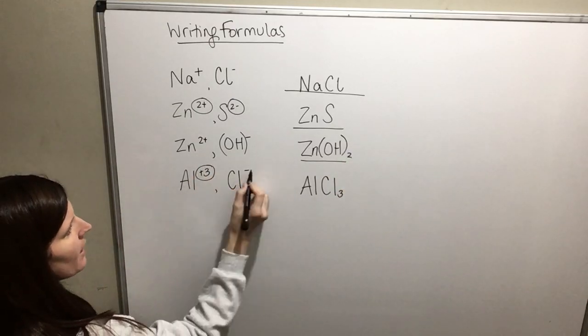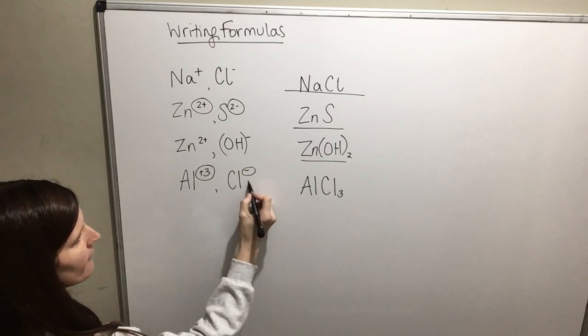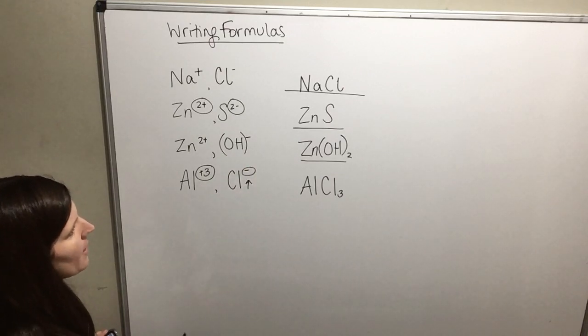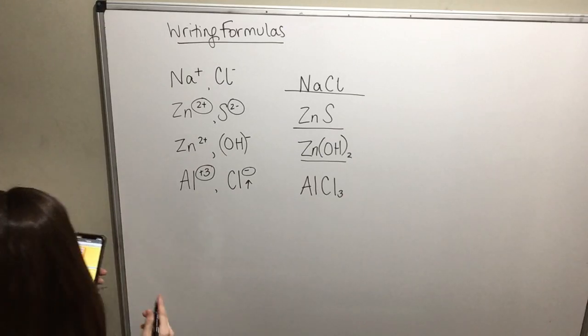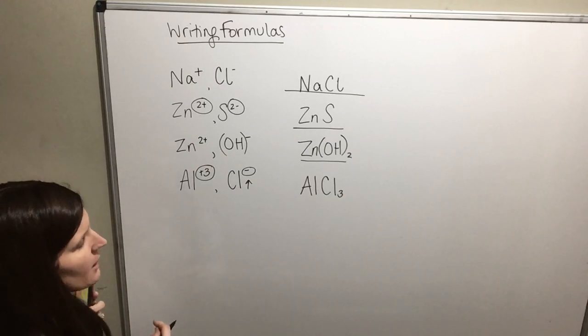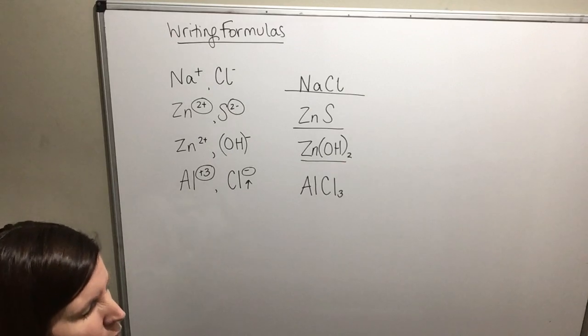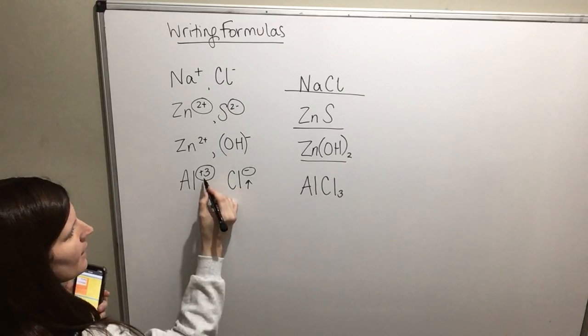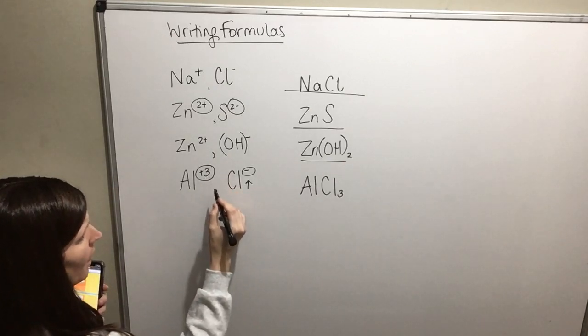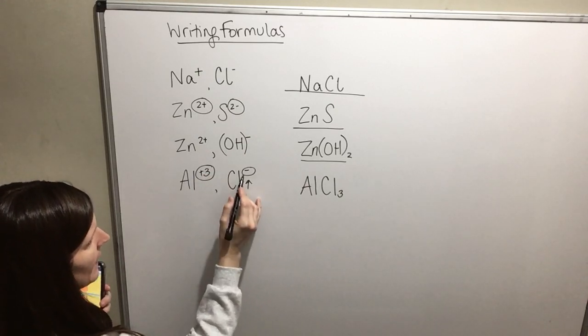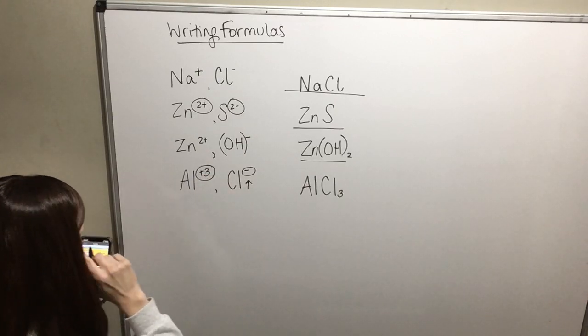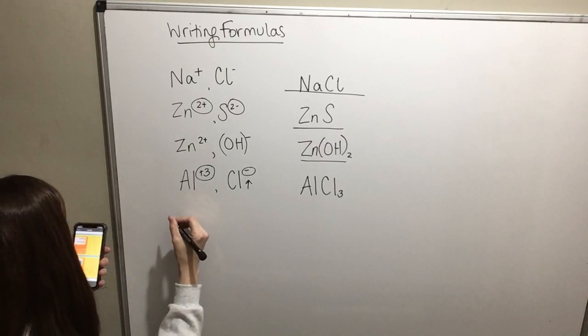Because there's 3 positives, 1 negative. We need to have 3 negatives to balance out the positive. Okay, so that's how we get that. Your writing should have talked about almost like cross multiplying, where this becomes the subscript for this, and this one becomes a subscript for this. Okay, so we'll do a couple more, see if this makes sense.